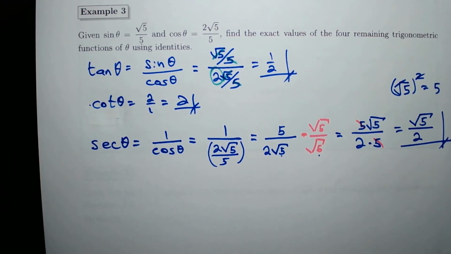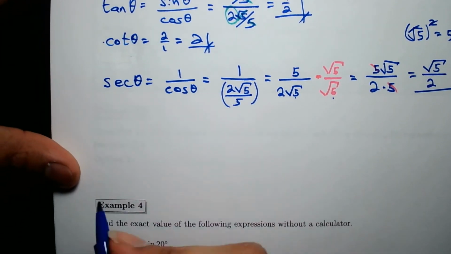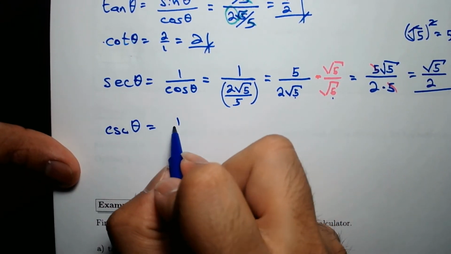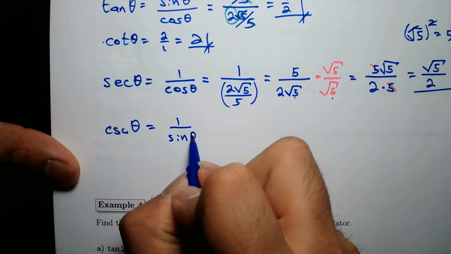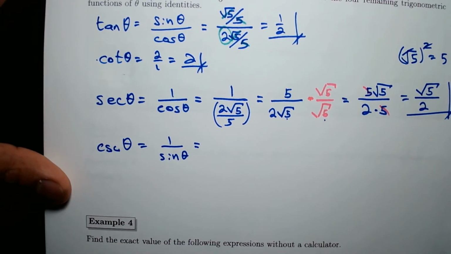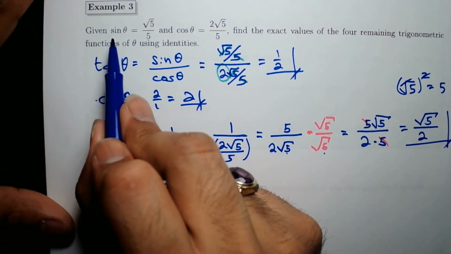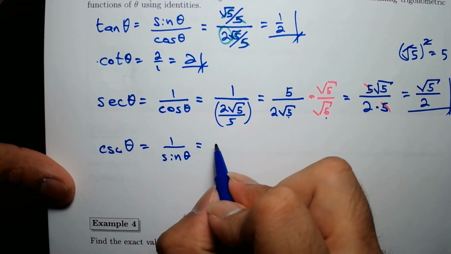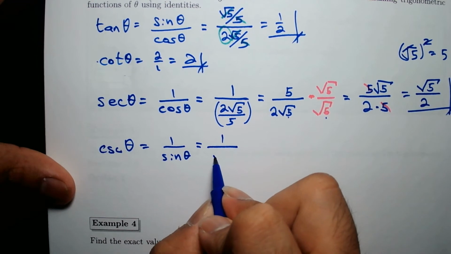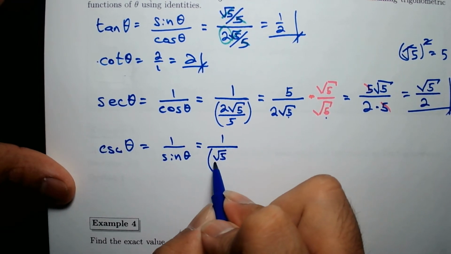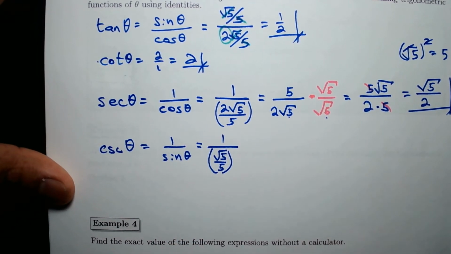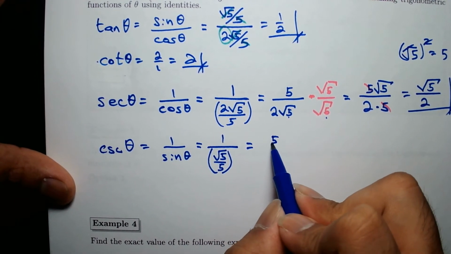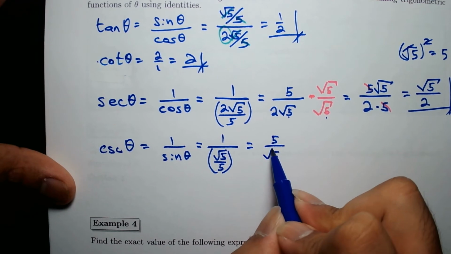All right. And last but not least, we need to find cosecant of theta, which is in this case the reciprocal of the sine function. And we are given that the sine function is root of 5 over 5. So 1 over root of 5 over 5. But again, we are dividing by a fraction, so we multiply by the reciprocal, 5 over the root of 5.